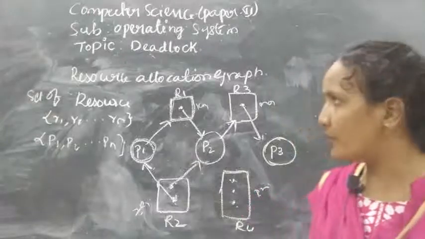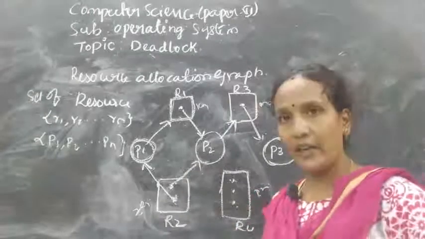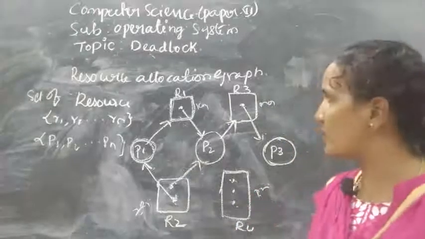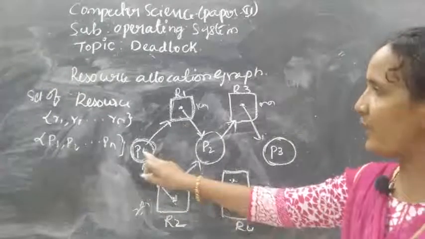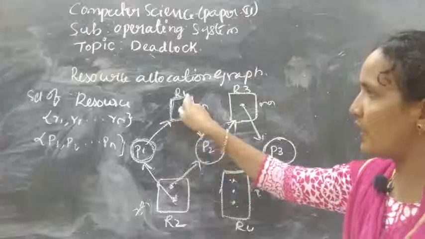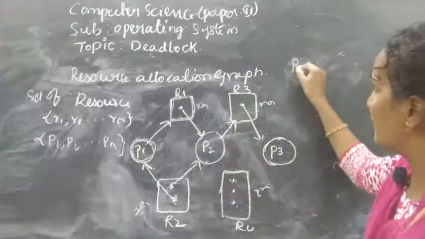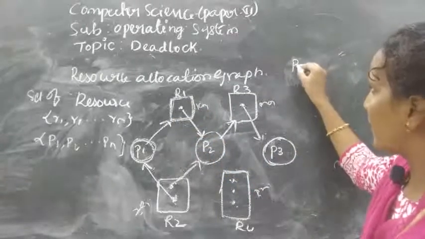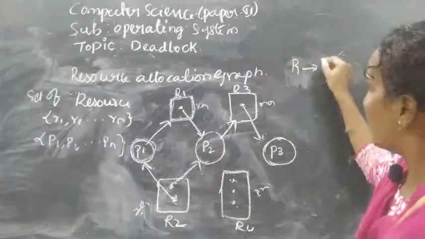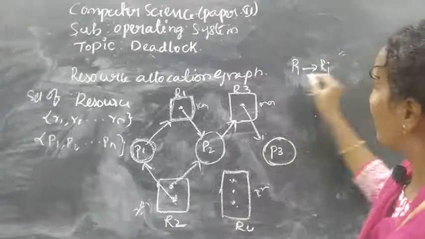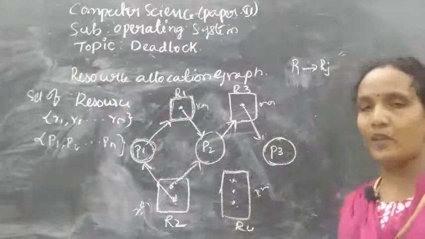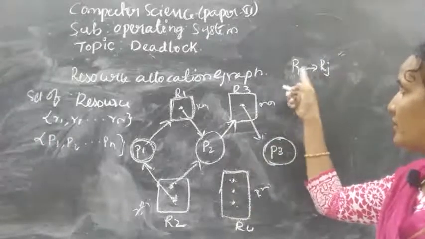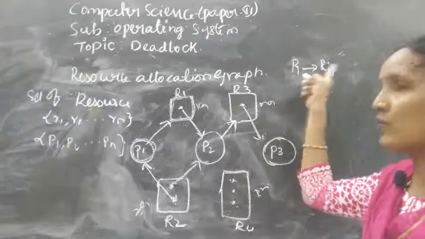Clear? Now, if any process is requesting a resource, for example P1 is requesting R1, there is a directed edge Pi to Rj, meaning Pi is requesting Rj.